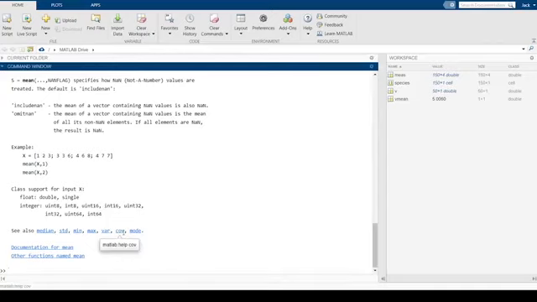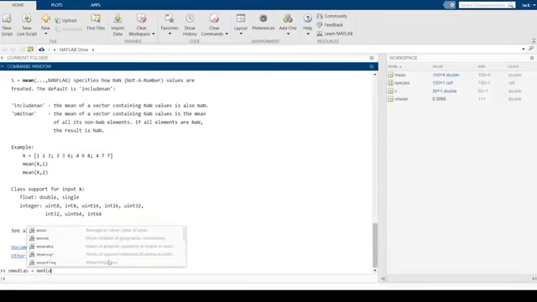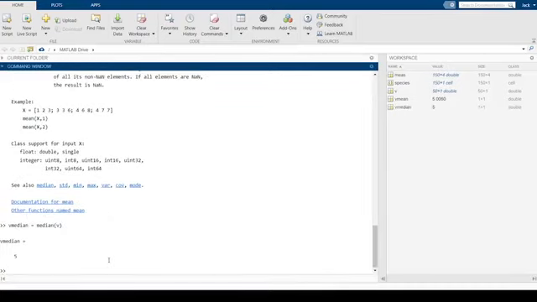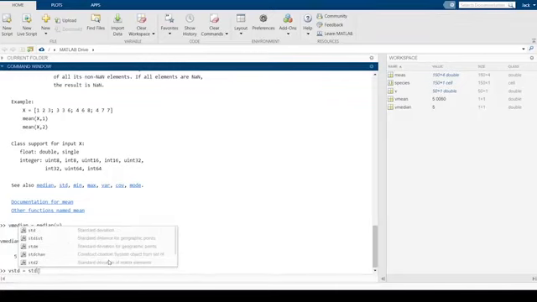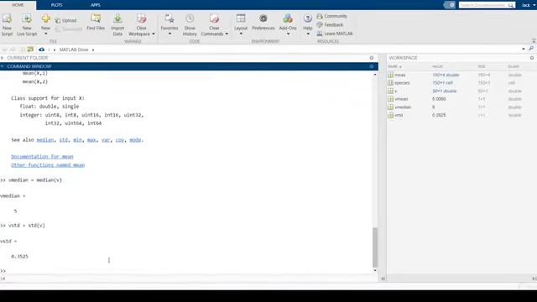Let's try out the first set of 1D analysis functions. The median function finds the median value of the data set, which we find to be 5. The standard deviation function will give us the standard deviation, which is 0.35.